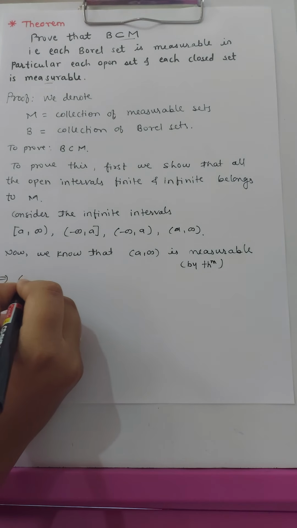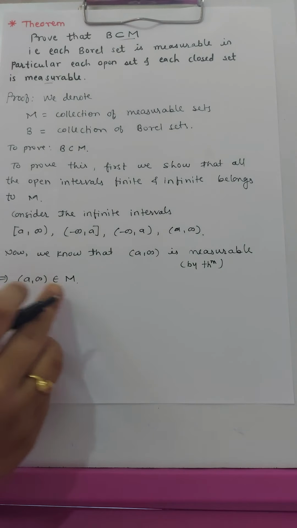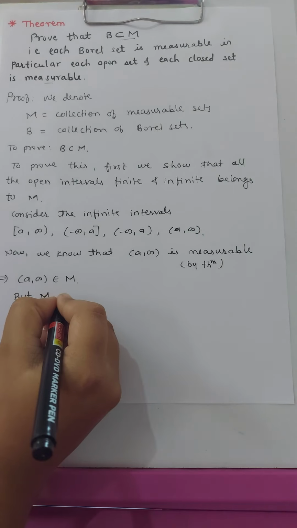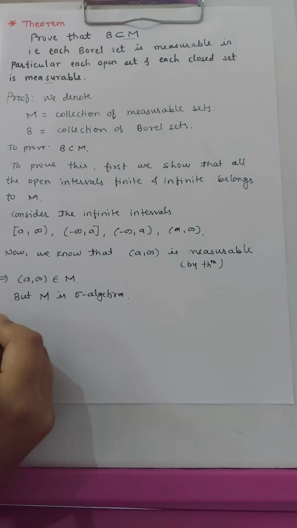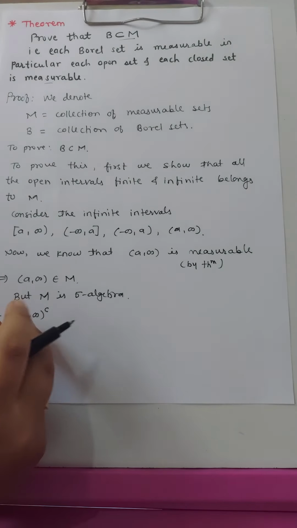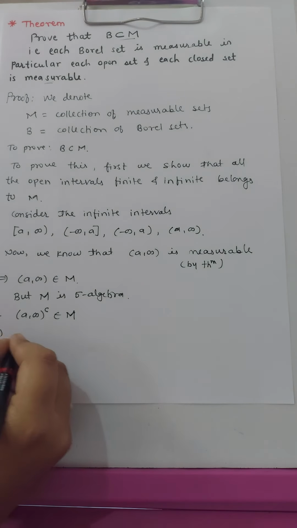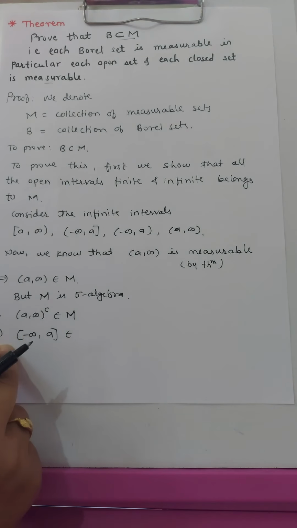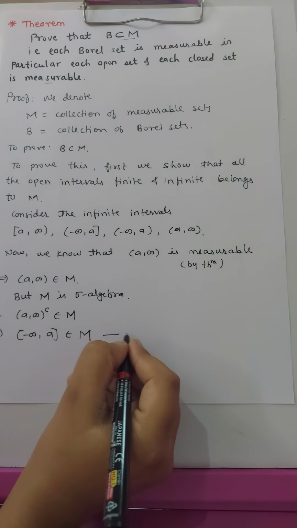So as it is measurable, this interval belongs to the family of measurable sets, that is, it belongs to M. But we also have proved that M is a sigma algebra and hence an algebra of sets. Therefore, the complement of this interval will also belong to M, and the complement of this interval is the semi-closed interval (minus infinity, a], which will also belong to the family of measurable sets.